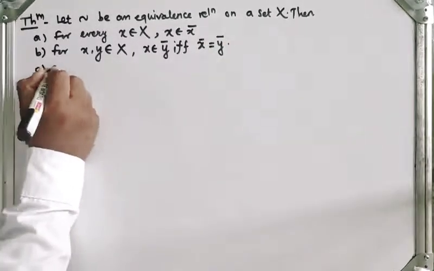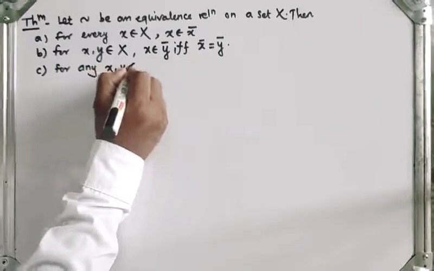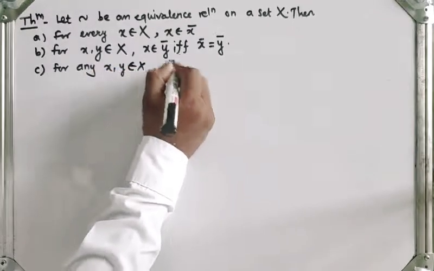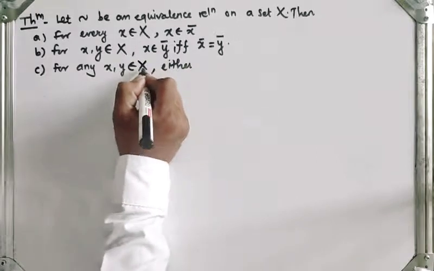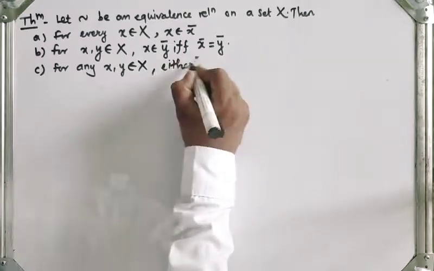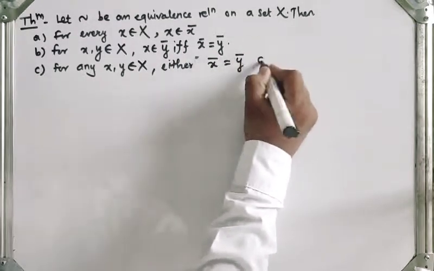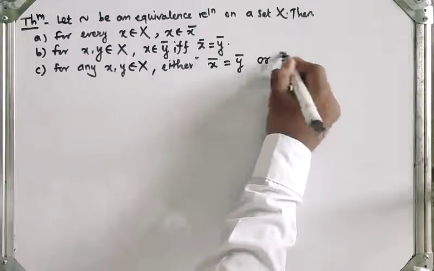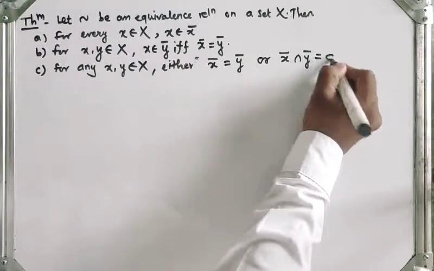And third case, for any x, y belongs to set X, either the equivalence class of x is equal to the equivalence class of y, or the intersection of the equivalence class of x and the equivalence class of y is empty.